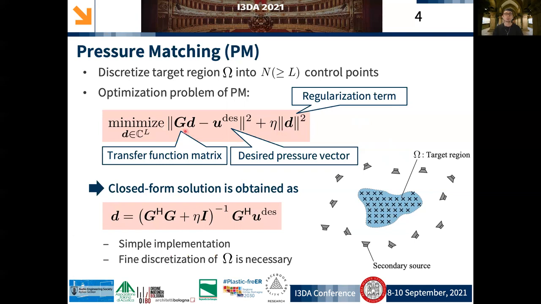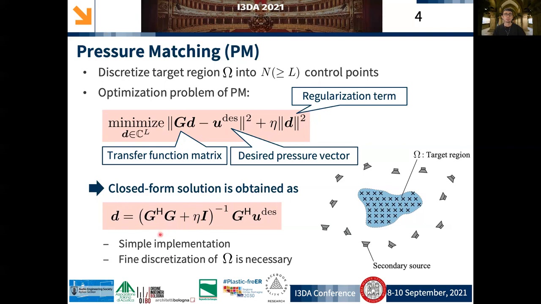Here, G is the transfer function matrix between the secondary sources and control points. Second term is the desired pressure vector. We also added a regularization term to prevent an excessively large value of D. The closed form solution of this least squares problem is simply obtained as this equation.